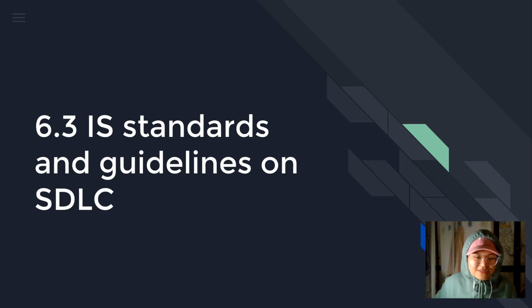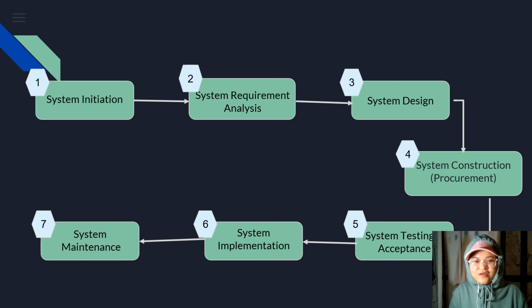Now I will continue presenting on the IS standards and guidelines on SDLC. There are 7 types of IS standards and guidelines, which are system initiation, system requirement analysis, system design, system construction, system testing and acceptance, system implementation, and system maintenance.